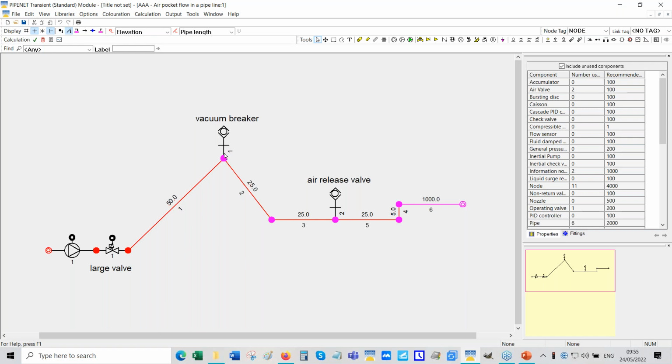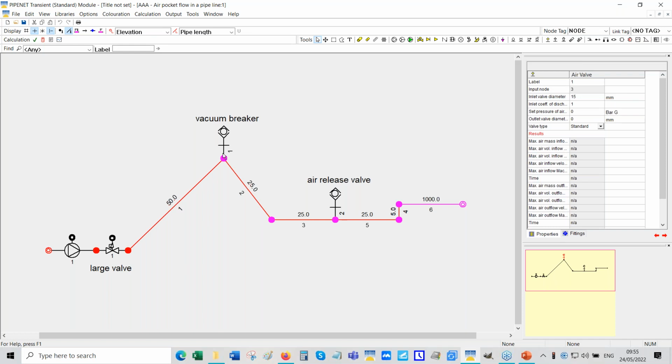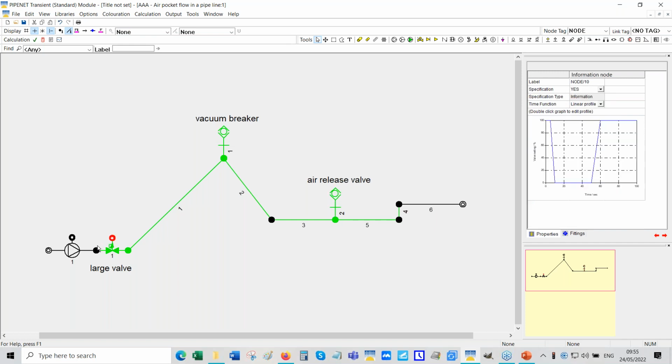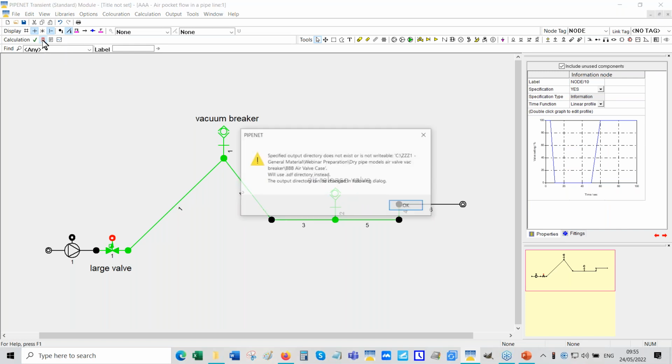This, as I explained in the beginning, is simply an air inlet valve or vacuum breaker valve, and that's simply an air release valve. And this valve closes and then opens. So let me run that.